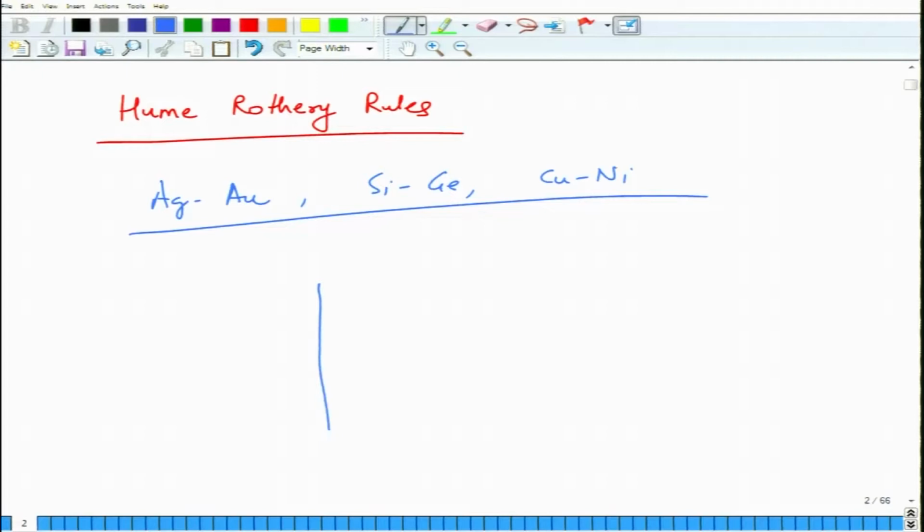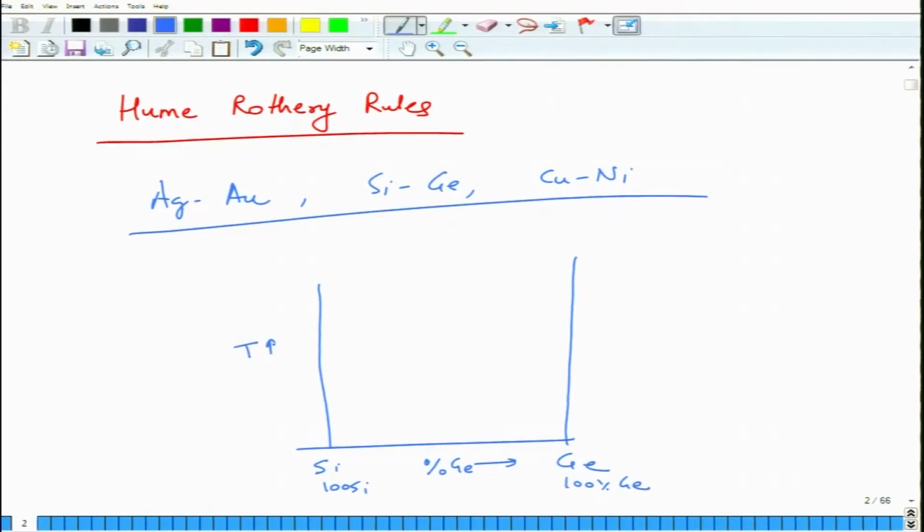If you look at, for example, the phase diagram of silicon germanium, this is the composition axis, percentage germanium from 100% silicon to 100% germanium. This is the temperature axis. Silicon has a melting point Tm silicon, which is nearly 1400 degrees centigrade, and this is the germanium melting point, Tm germanium.